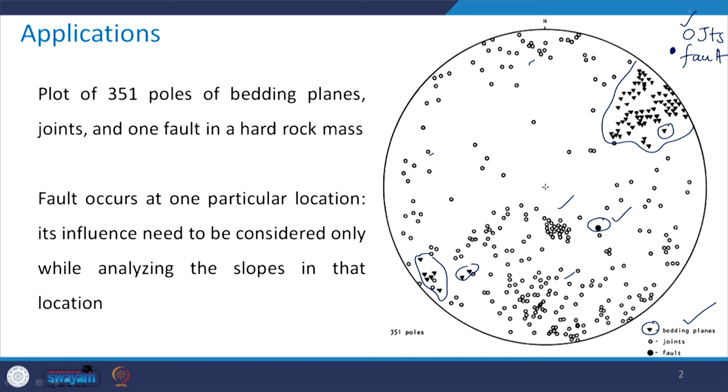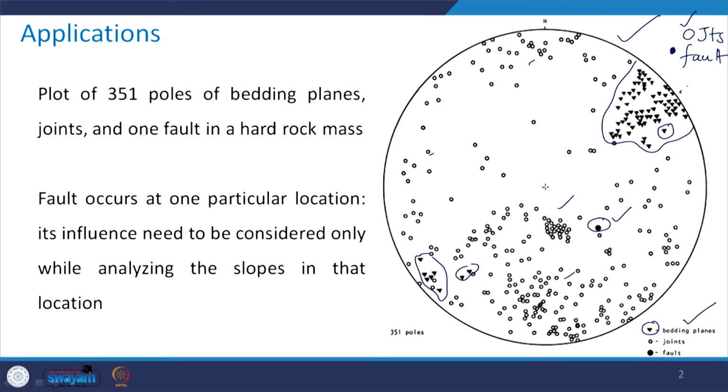In the field you go, do the exploration, note down the dip direction with the help of a compass, then come back to the lab or the drawing studio, plot all that data on this stereo net, and you will be able to get this type of plot or this type of graphical representation of all the geological data that you collected in the field. What next? Next comes the analysis.